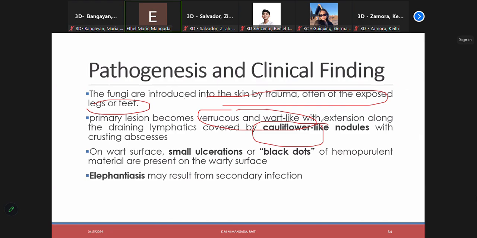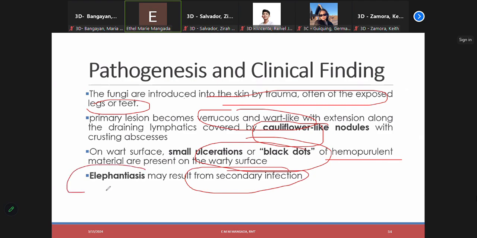Okay? And we can also see presence of ulcerations or black dots that are hemopurulent. There are mixtures of blood and pus. And sometimes patients may experience secondary infection that results to elephantiasis. Di ba, lumalaki yung extremity like the paa or the legs. In parasitology, you have microorganisms causing elephantiasis, right?